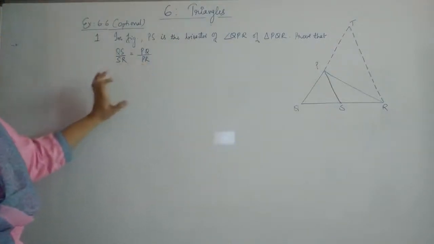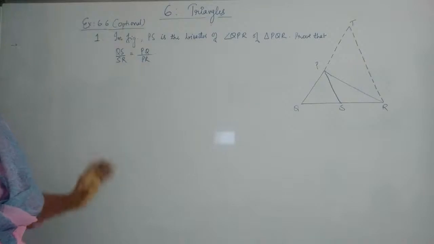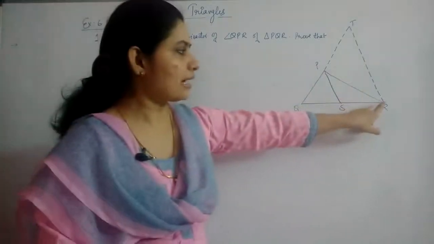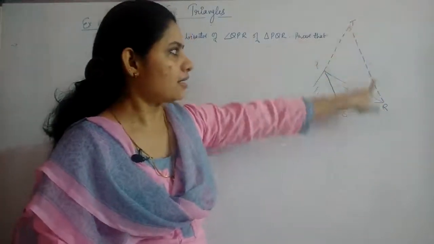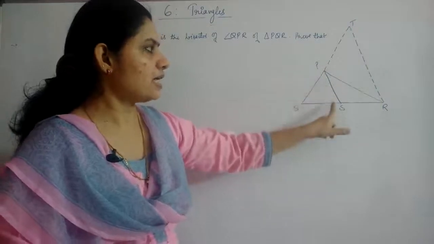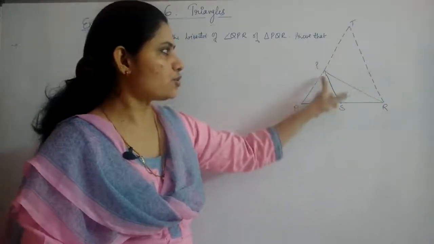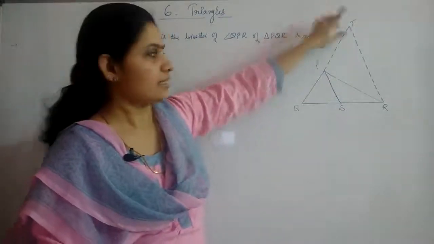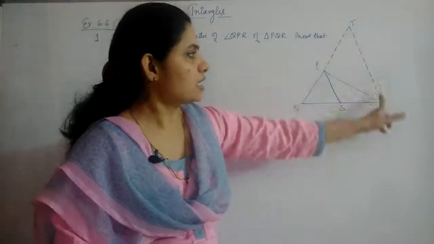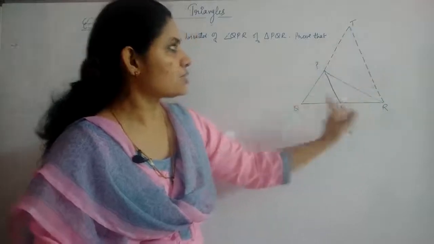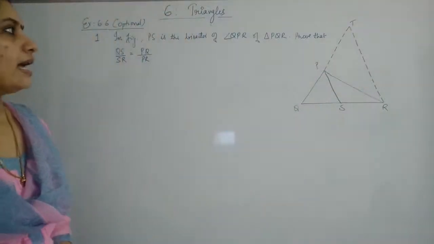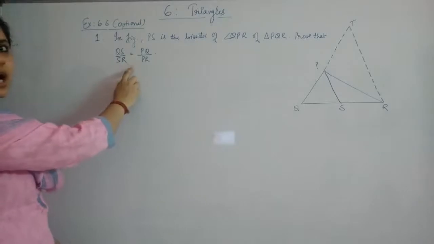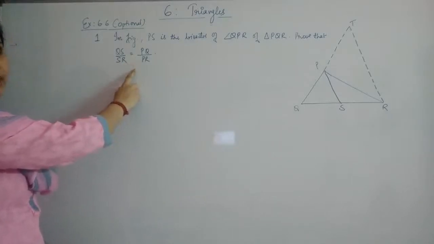So from where we will start is, we are just taking R and extending a line RT parallel to PS, and extending QP to meet it at T. So we are getting RT parallel to SP. Okay, and that will help us to prove this result using BPT. Clear?